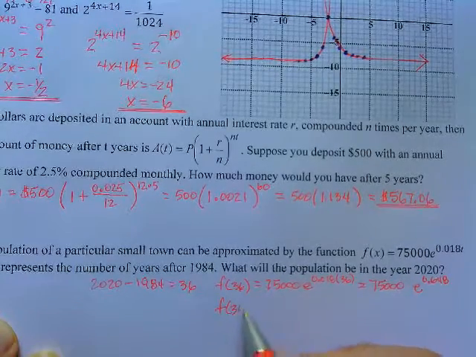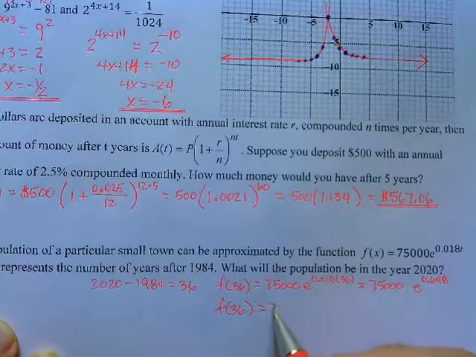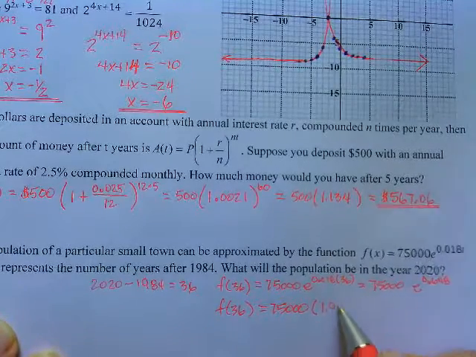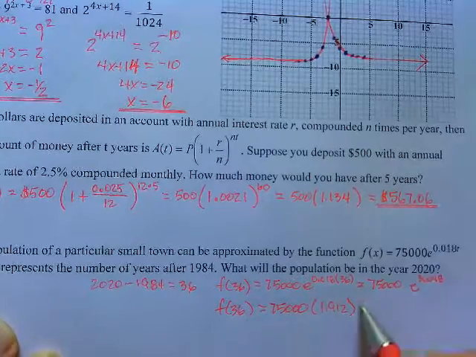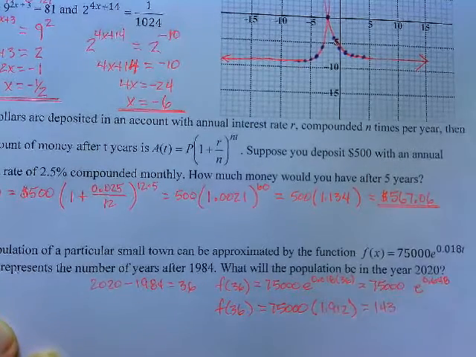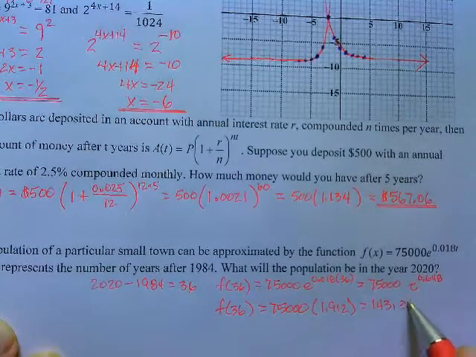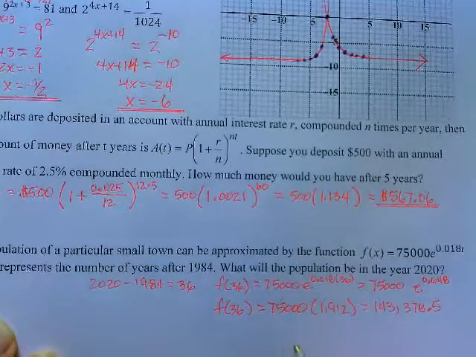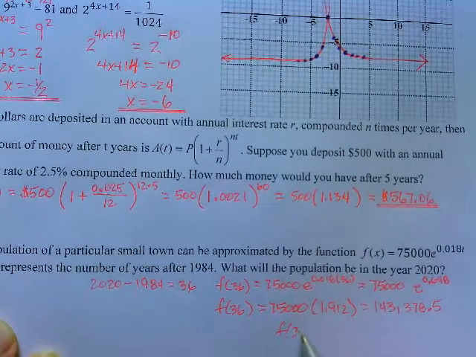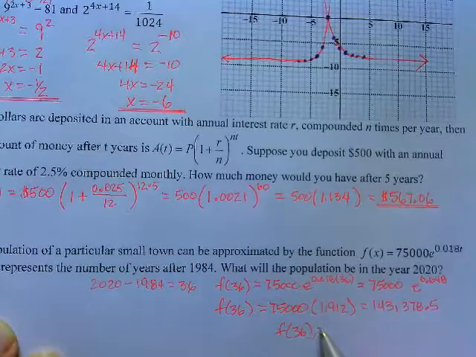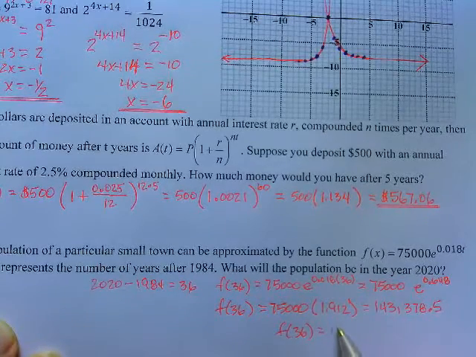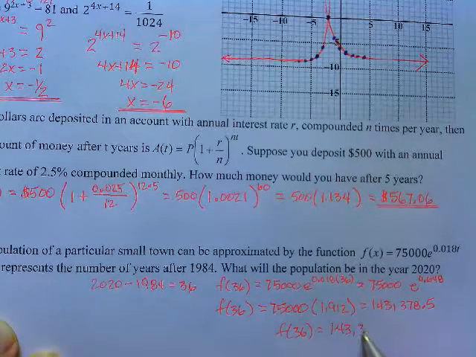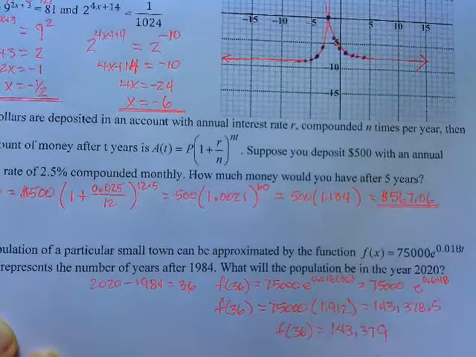So f of 36 will equal 75,000 times 1.912, which gives us 143,378.5. So f of 36 years, we went from 75,000 to almost 150,000, so we almost doubled it.